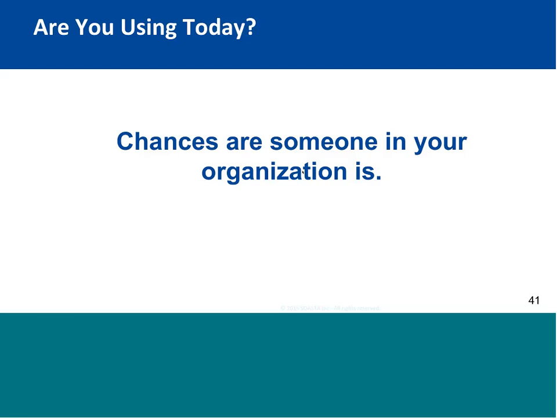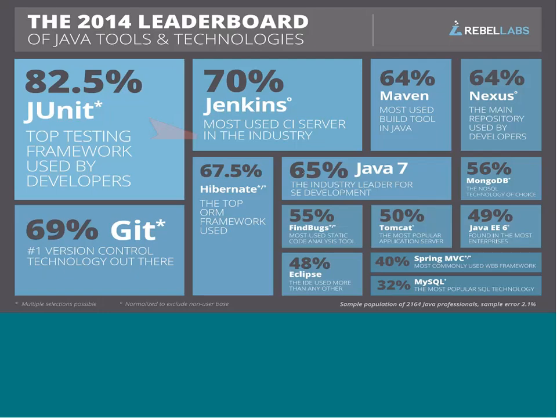And because there's already some expertise and a certain level of adoption, Jenkins is a great starting place for growing from continuous integration to CD, and then ultimately crossing the boundaries of dev, build, test, and operate such that you can achieve continuous delivery in DevOps. Now, I say you guys are probably using Jenkins today because if we look at a 2014 survey done by Rebel Labs, 70% of the respondents were using Jenkins to implement CI.